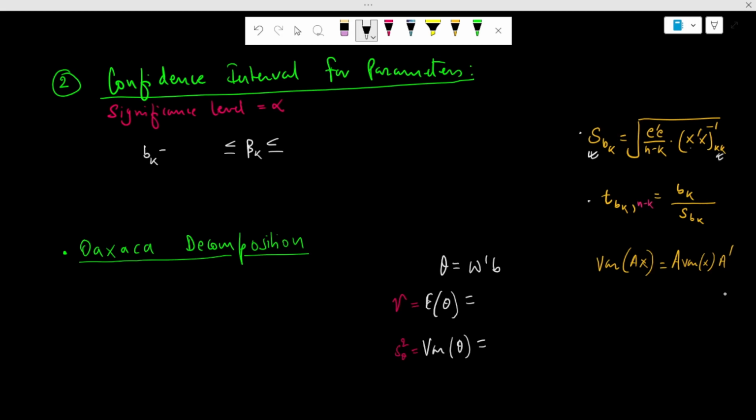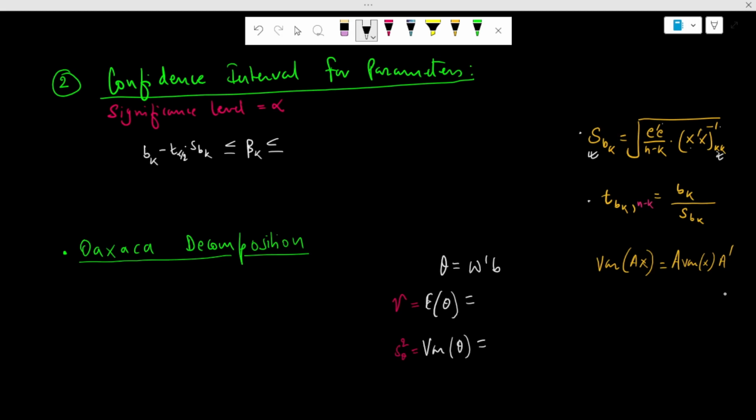We take the element on the kth diagonal of X transpose X inverse, and we know that e transpose e is divided by n minus k. So we take t alpha by 2 with n minus k degrees of freedom, and we multiply it by the standard error for this particular beta k.